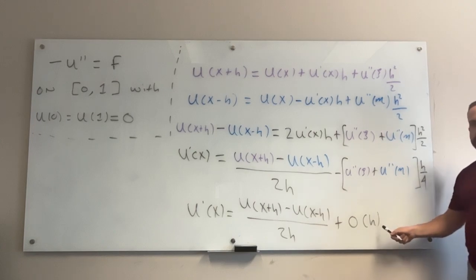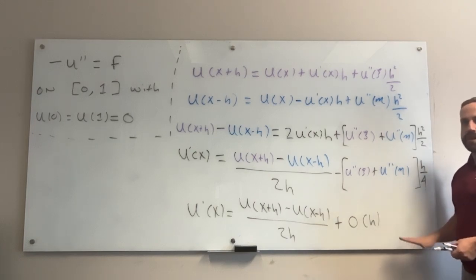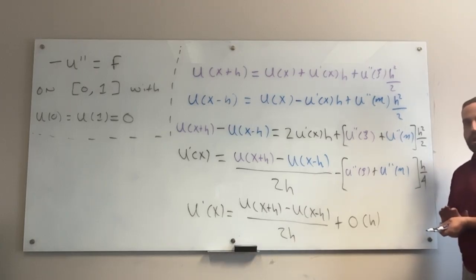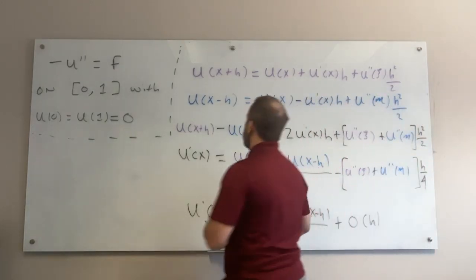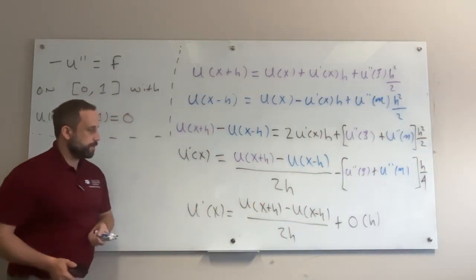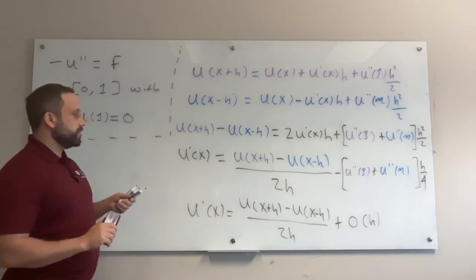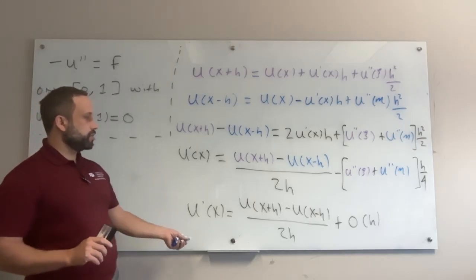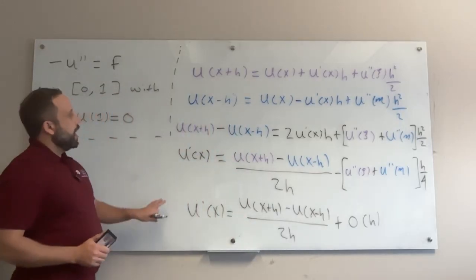But we can actually estimate this error term a little bit better. This is an error term, meaning that as h gets smaller, the error shrinks. In other words, the error goes to 0 on the order of O of h as h goes to 0.